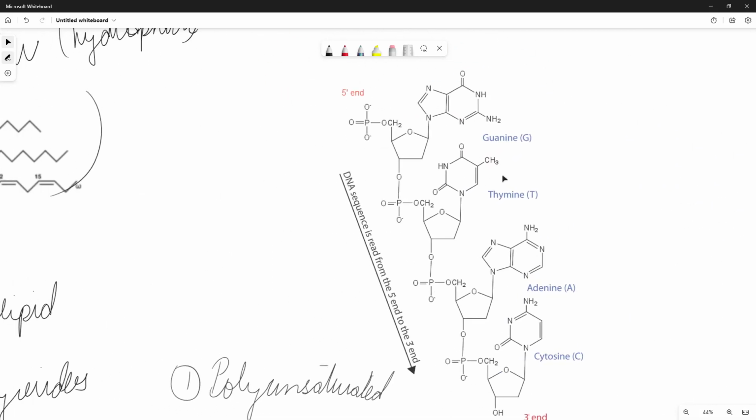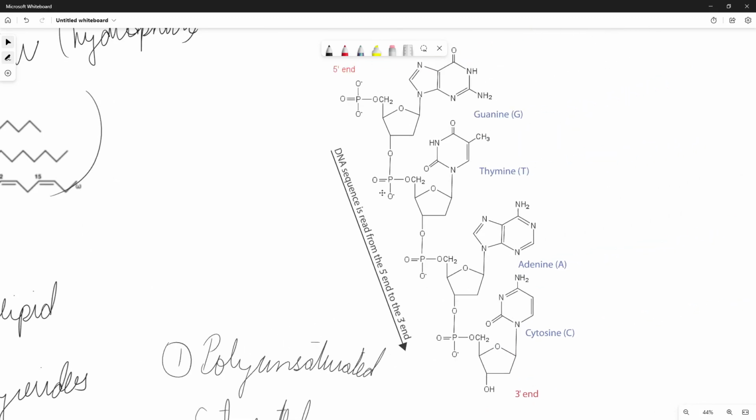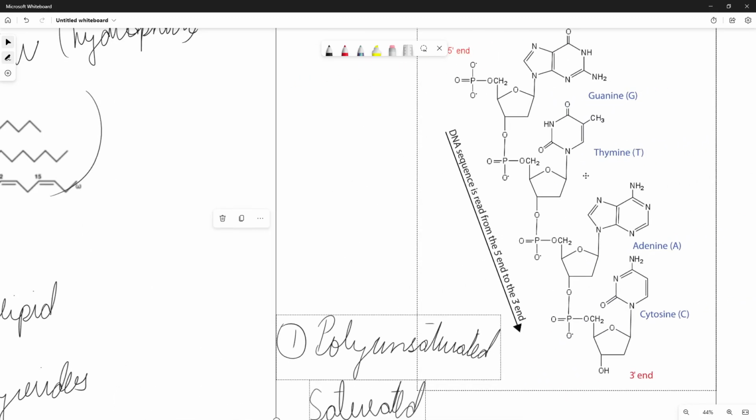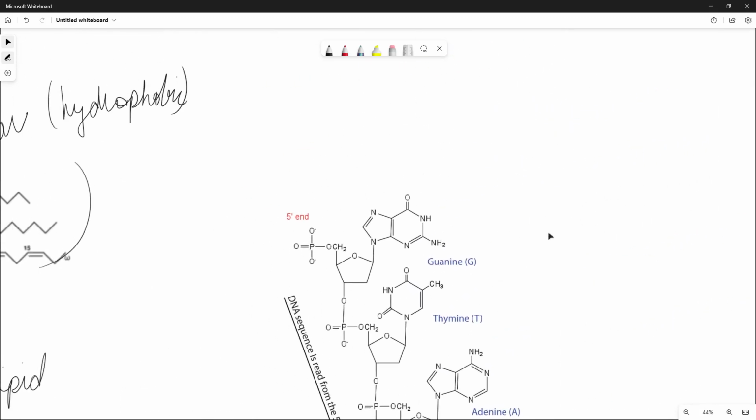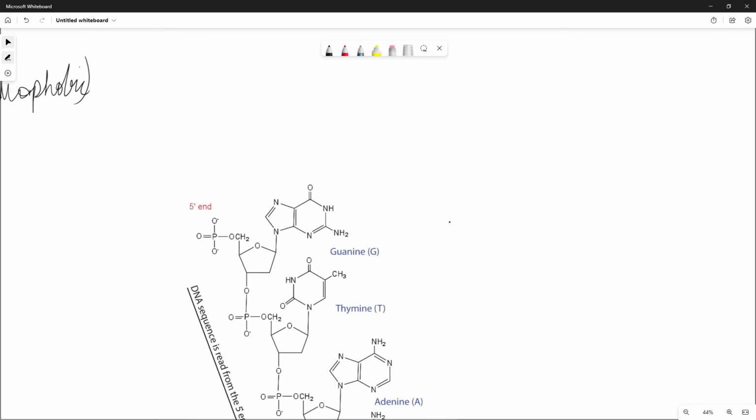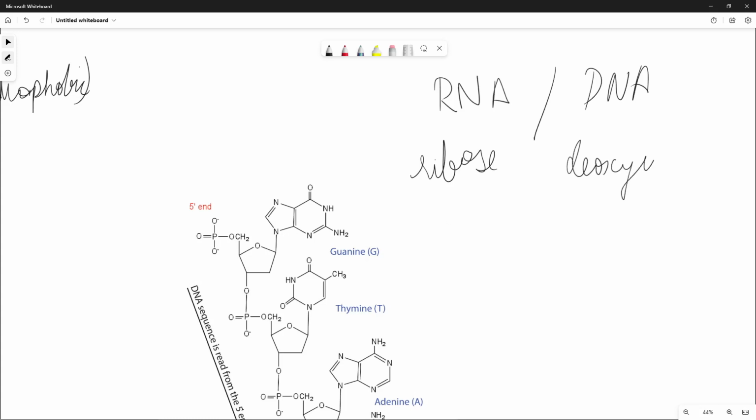And lastly, we have the final biological macromolecule, which is the nucleic acids. Now there are two types of nucleic acids, which are RNA and DNA. Some of the key differences: the sugar in RNA is ribose, whereas the sugar in deoxyribonucleic acid is deoxyribose, which is where it gets its name from.